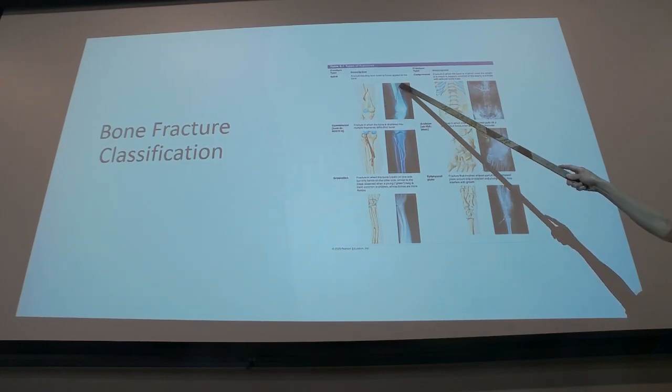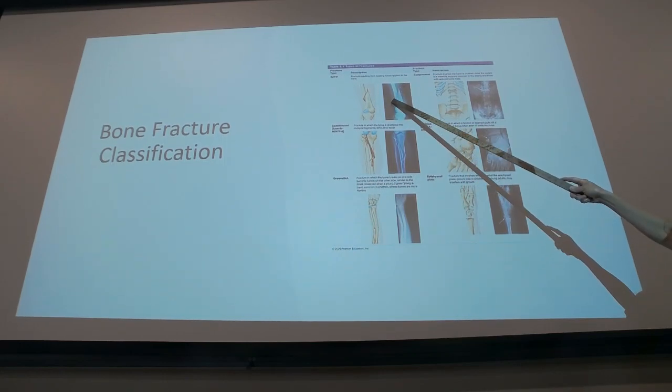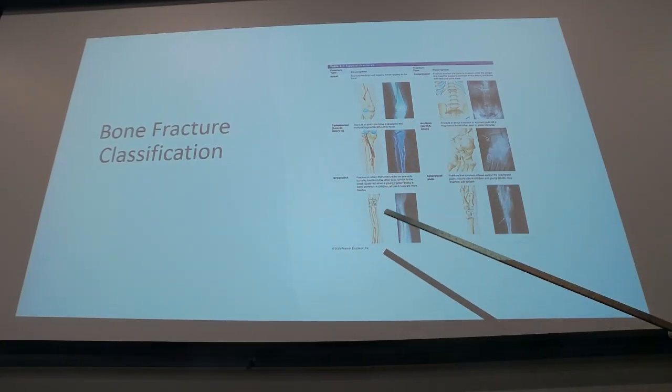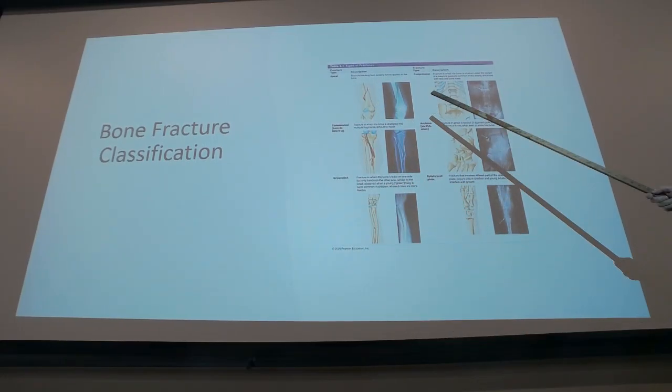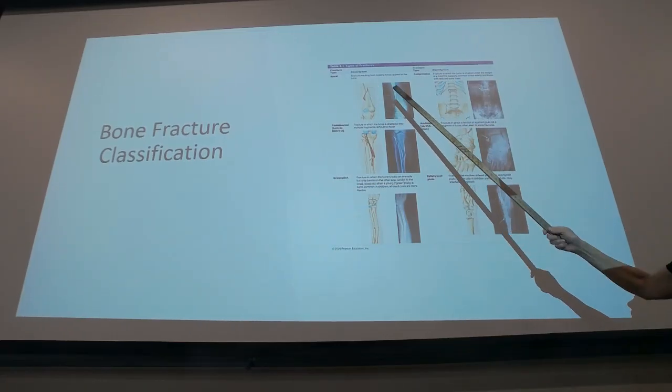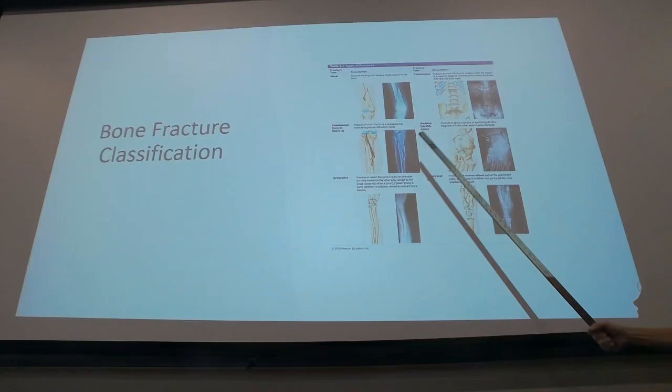It can be seen typically as an angle, but it covers the entire perimeter of the diaphysis in this case. So this is the femur, and you can see it here in X-rays.